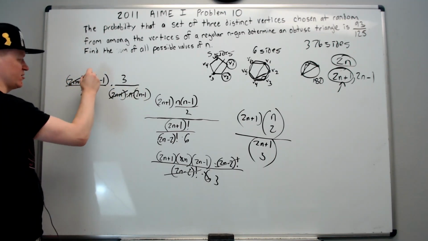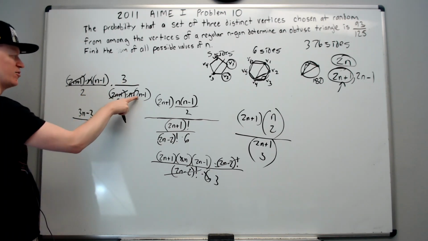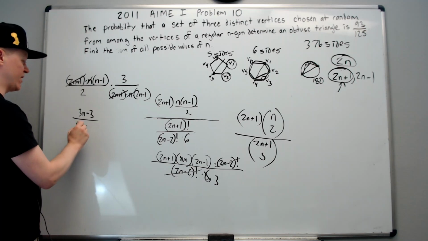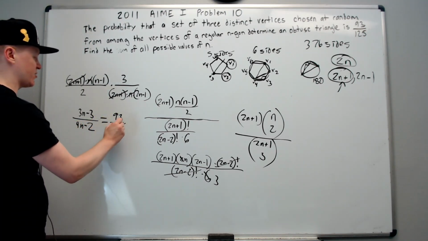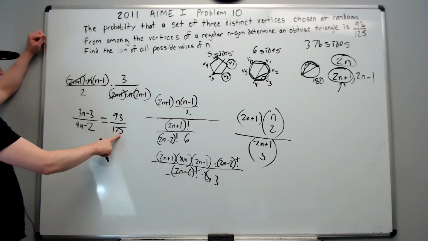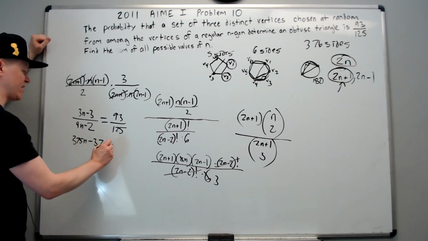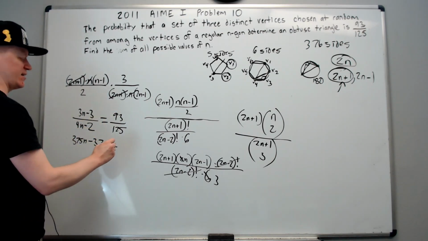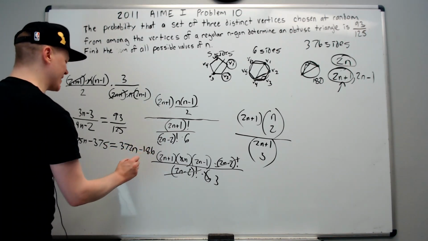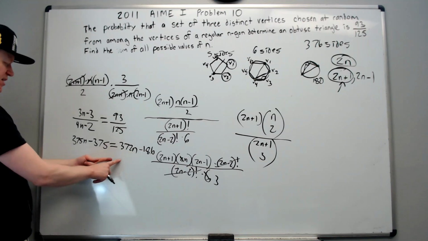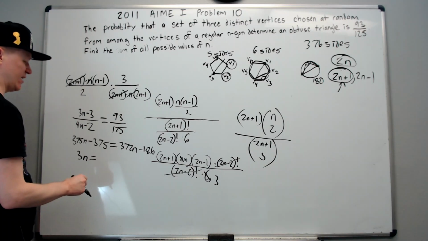The n cancels here, and you have 3 times n minus 1, or 3n minus 3, over 2 times this, that's 4n minus 2. This is going to be equal to 93 over 125. So now we cross multiply again to get 375n minus 375 equals, we already calculated this, it's 372n minus 186. So we're going to move the 372n over here to get 3n, and, are you serious?